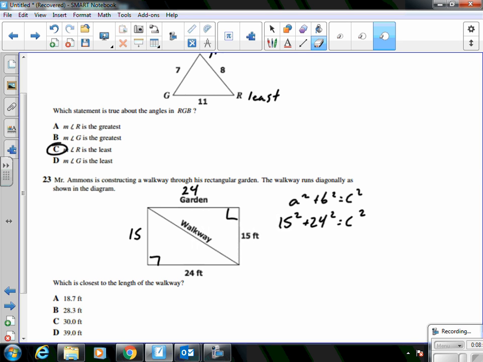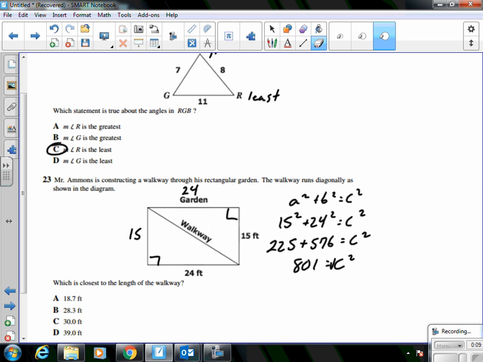So 15 squared is going to be 225. 24 squared is going to be 576. Add those two together. 225 plus 576 is going to be 801 equals the c squared.